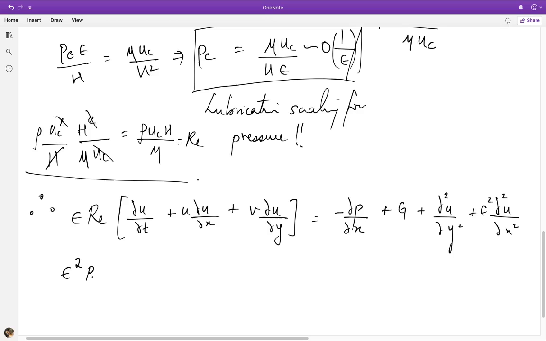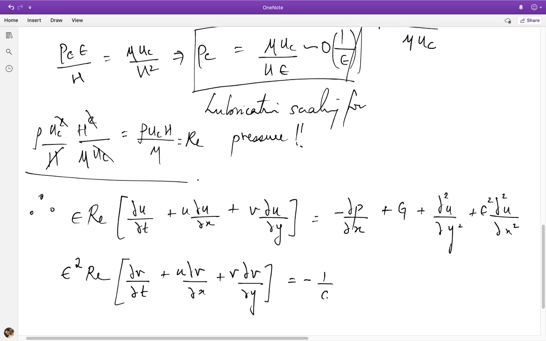So I'm going to have epsilon square times Reynolds number, dou V by dou X plus V dou V by dou Y. Right, now the pressure gradient in Y, importantly, instead of having the large length in the denominator, I'll have the small length h. So to compensate for that, if I have to have the same pressure characteristic scale, what I will get is a factor 1 by epsilon here.